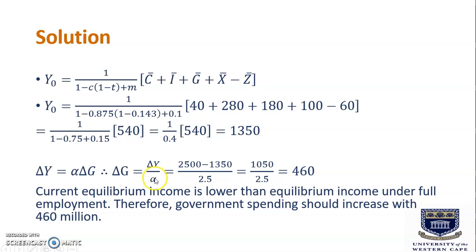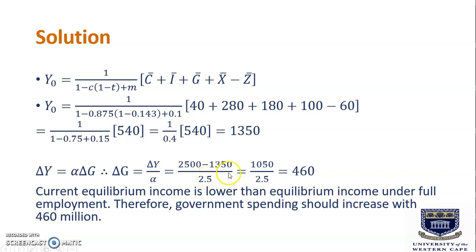Alpha is the multiplier. So basically this equation is change in Y equal to alpha times change in G. Of course, this is the multiplier. So if we make change in G the subject of the formula, we were already given this value of 2,500 as the YF, that's income level at full employment, minus now the Y0, which we calculated here, divided by 2.5, which is the multiplier.